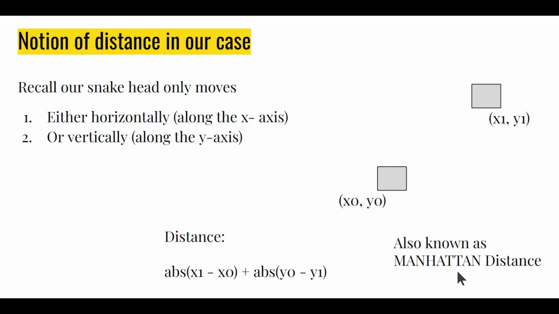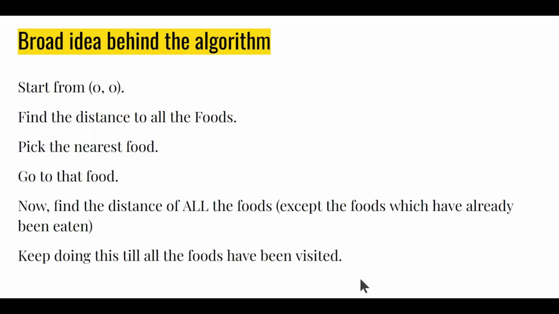So what do I mean by this? If I have two points, say from 0, 0, and I want to find the distance between them, all I need to do is to look at the absolute difference in the X coordinates and add to that the absolute difference between the Y coordinates, and that's my distance. Having done all this, how do I proceed to find the nearest neighbor?